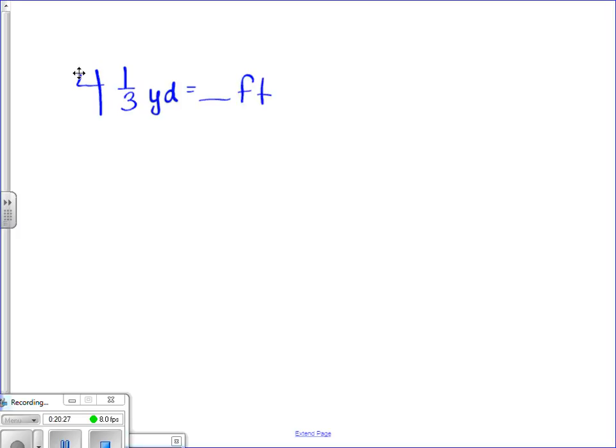Now can we do 4 yards? 4 yards equals how many feet? If you have 1 yard, how many feet is that? 3 feet. So 4 yards is how many feet? 12 feet, because 4 times 3 is 12.